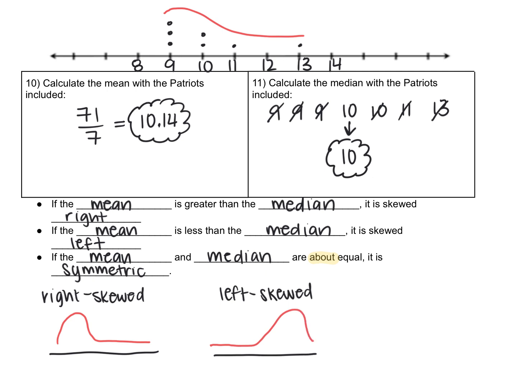And then we have symmetric, which is where you get that bell curve. You've got pretty much an even amount of values at the low end and the high end. So being able to look at a graph and determine which direction it's skewed or if it's symmetric, but also being able to look at the mean and the median to determine if something is skewed or symmetric is also important. So let me know if you have any questions.